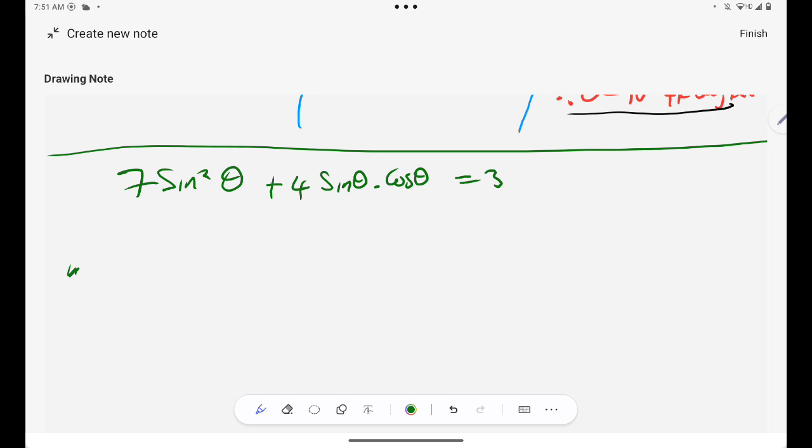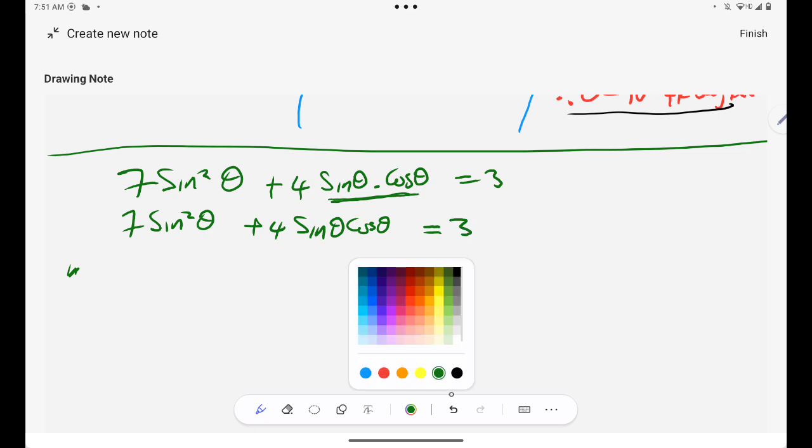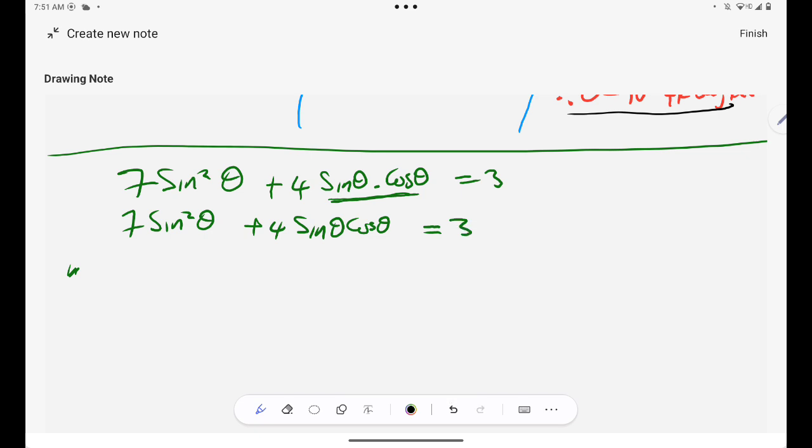We can all see that already we have two trig ratios that we cannot change, but there's something that we can do that can help us to solve here. We have 7 sine squared theta plus 4 sine theta cos theta is equal to 3. If you multiply a number by 1, are you changing anything?